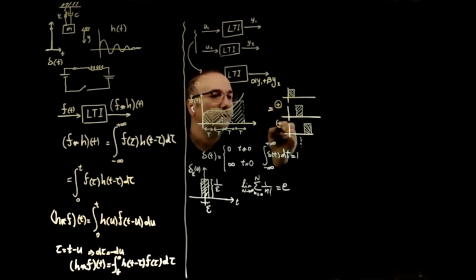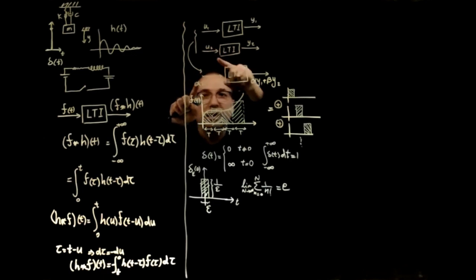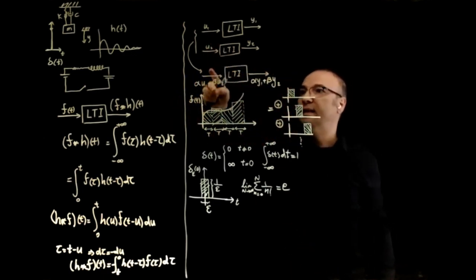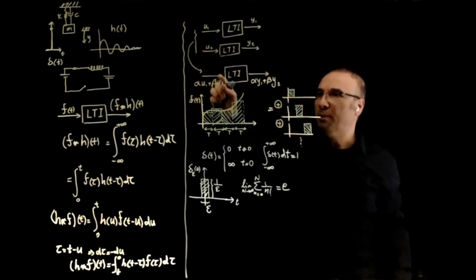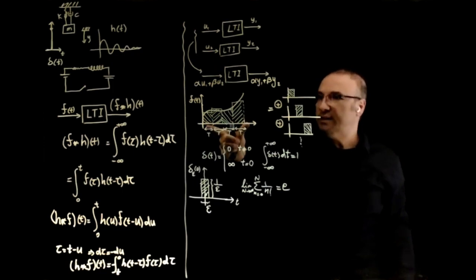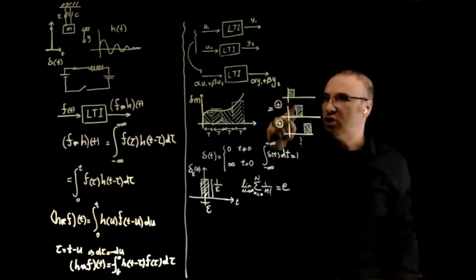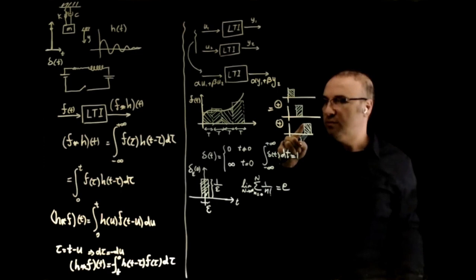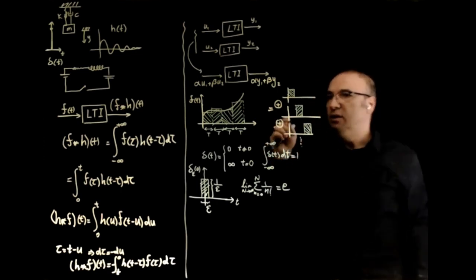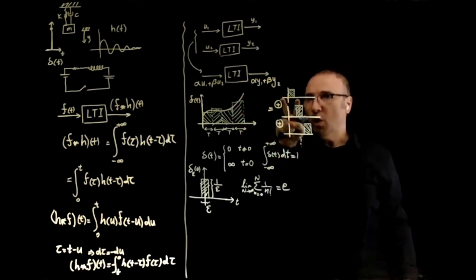So we want to use this plus this plus this. Remember that linearity? We want to use that linear property and consider this as the input, as the summation of a bunch of pulses. All right. So what is the response to this one?